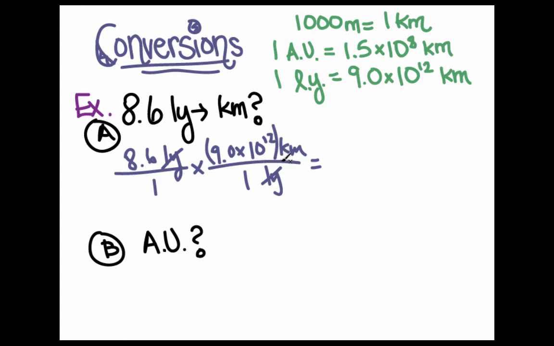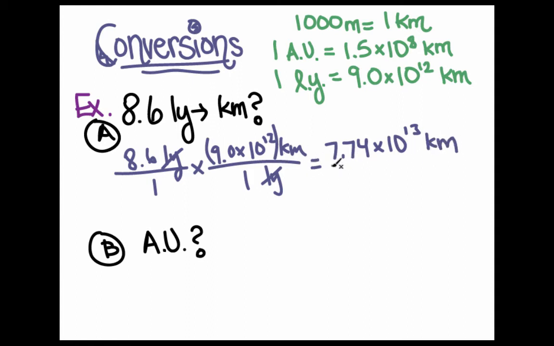So you're plugging in 8.6 times, open bracket, 9 times 10 to the power of 12, close bracket, equals. The value you should get is 7.74 times 10 to the power of 13. And your units would be kilometers.